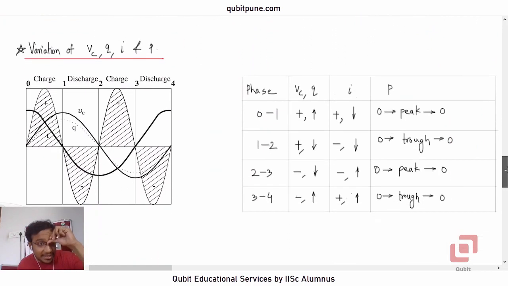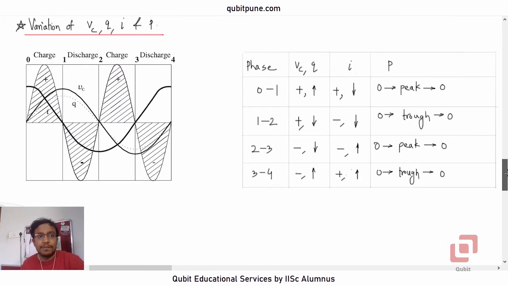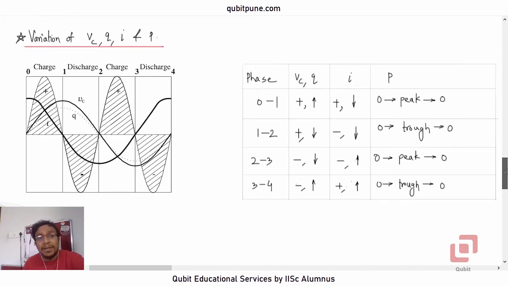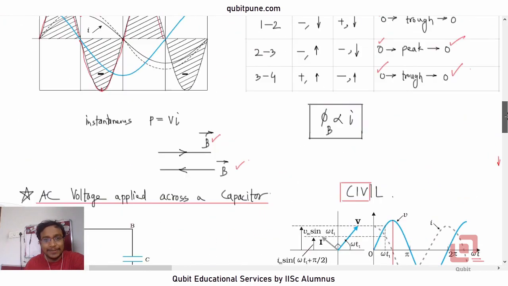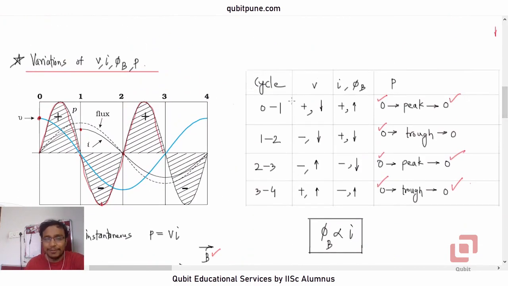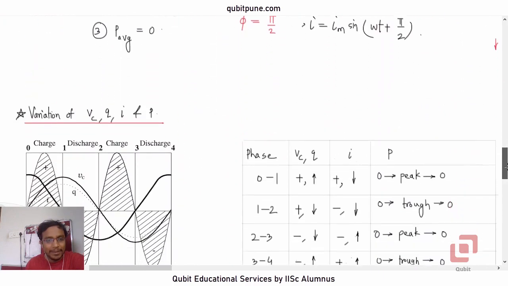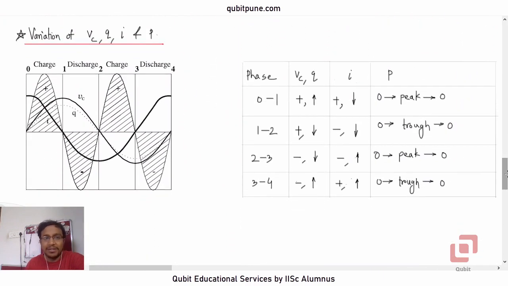Now let us analyze a similar figure for purely capacitive circuit, and in this case, well, they have not stuck to their notation or the color for voltage, but anyways, so again there are 4 quantities here. Which 4 quantities?